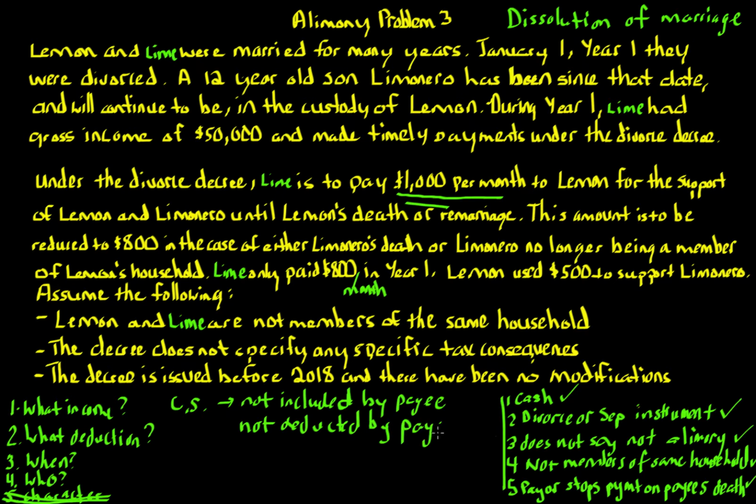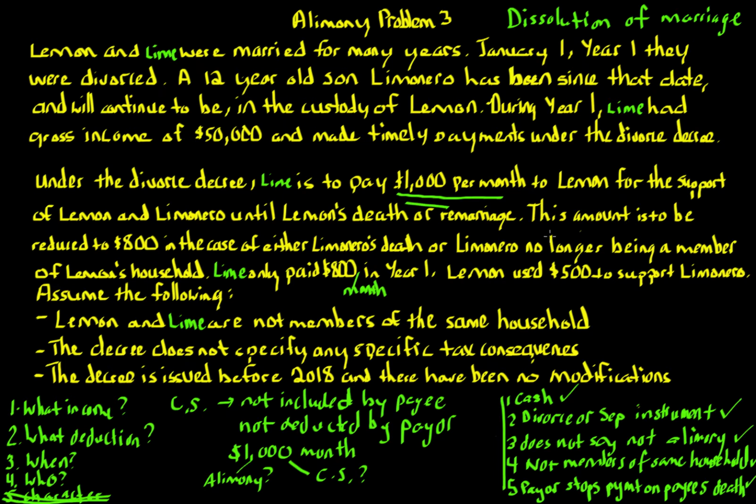Payee here is, again, Lemon. Payor is Lime. So we have $1,000 per month. The question becomes, what portion of that is alimony and what portion is child support? We have to break that $1,000 a month up.